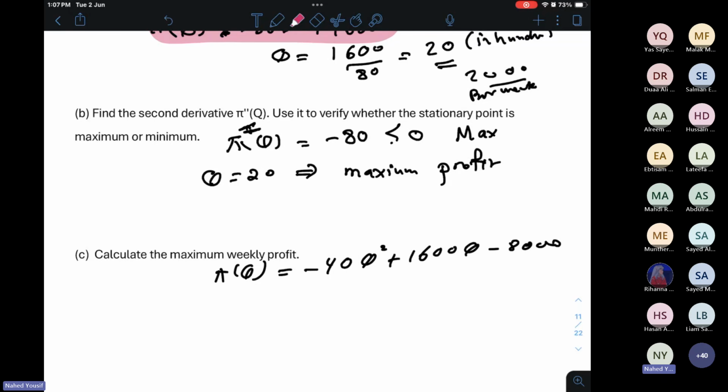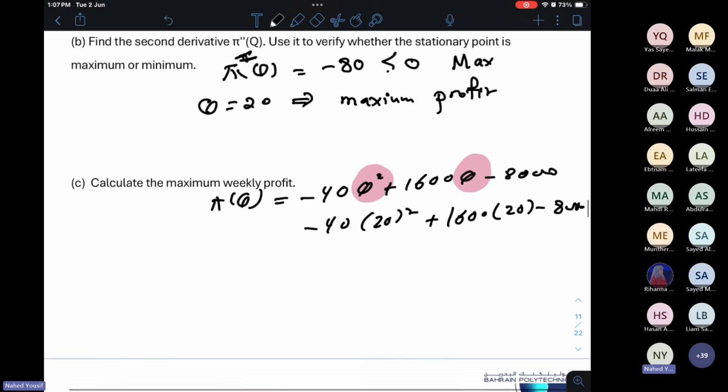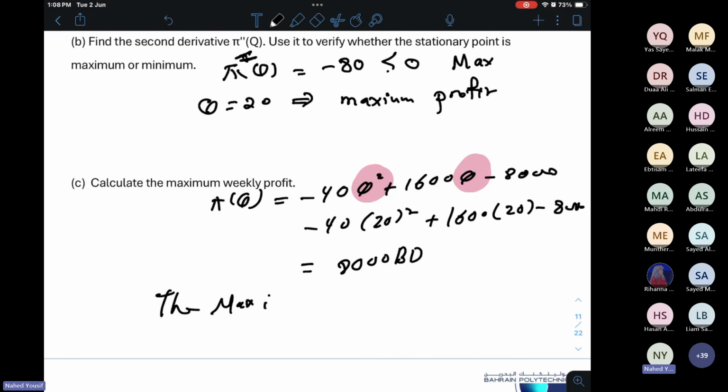Just remove this q, put 20, and use the calculator to calculate. That's it. You will get the maximum weekly profit, which will be 8,000 BD. So this is the maximum weekly profit.